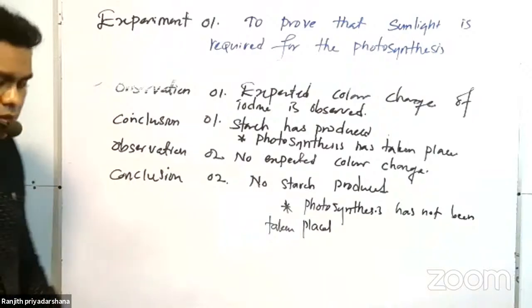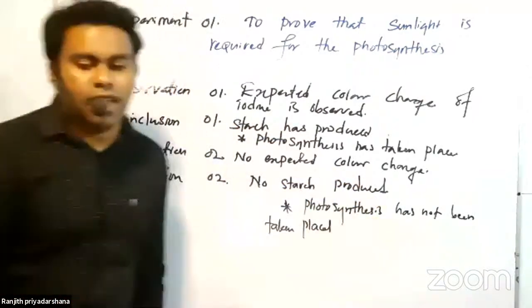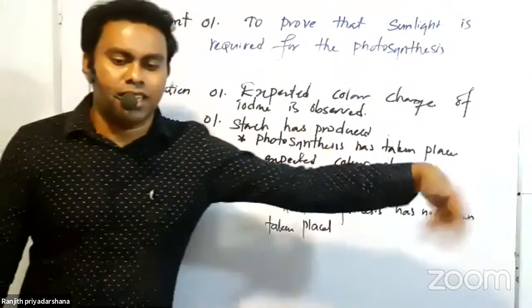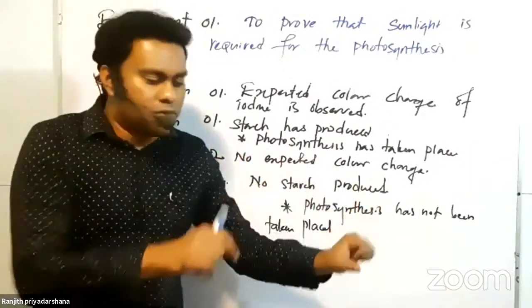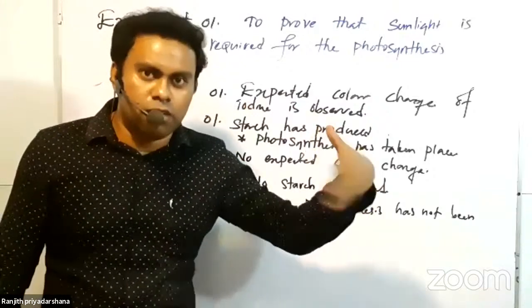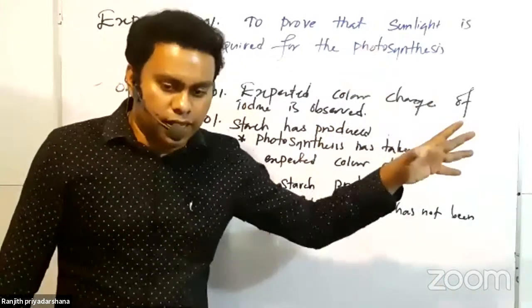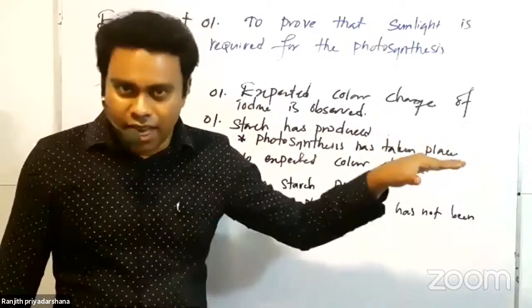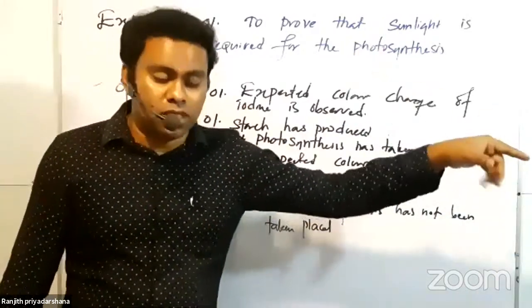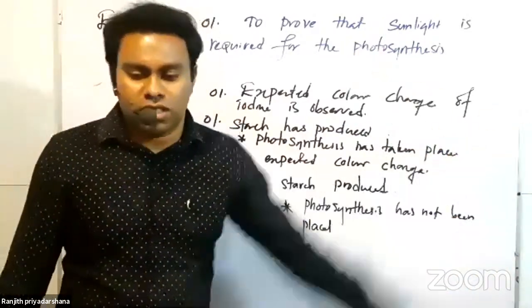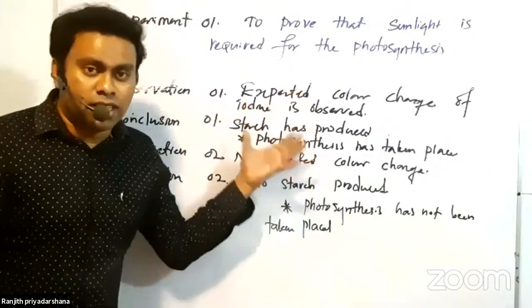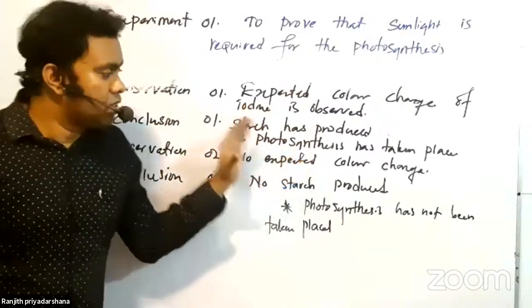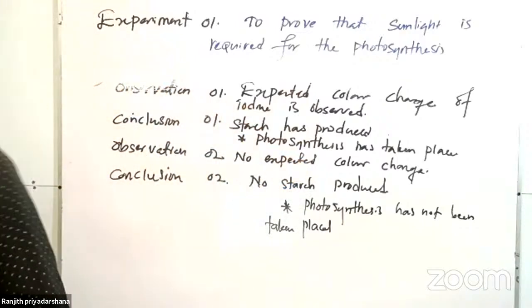In this case, we have to give sunlight and check whether photosynthesis has taken place. Next, we don't give it, we control the factor sunlight and do not supply it, and observe whether photosynthesis has taken place or not. In that case, we use the earlier described starch test for a plant leaf.